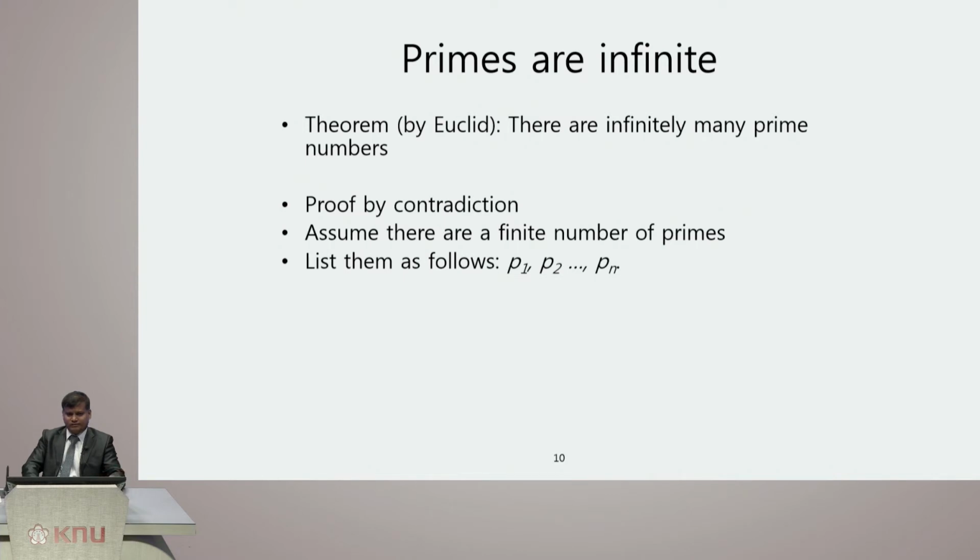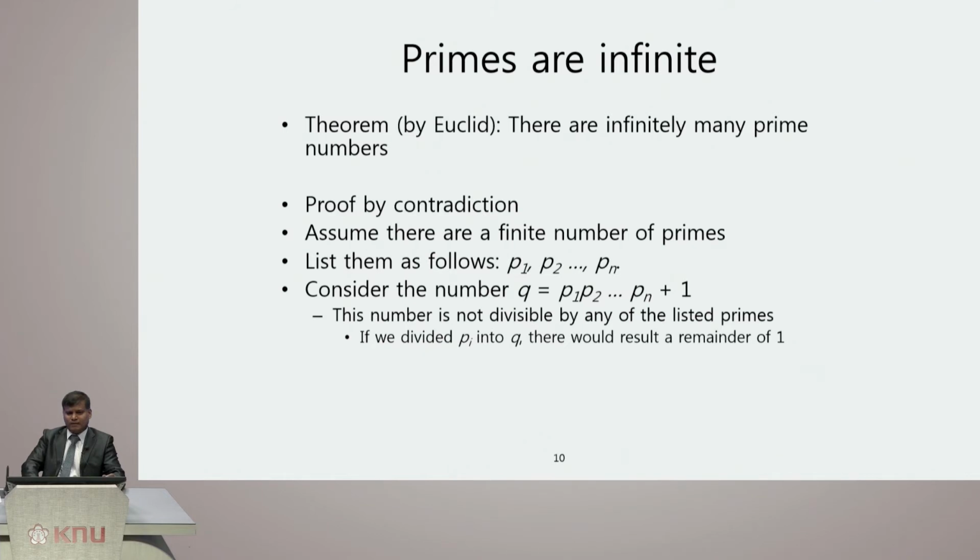Try to list the following numbers like P1, P2 till Pn, and we say that these are the list of finite prime numbers, and you are going to consider the number q, which is P1 times P2 till Pn, plus 1, and then this number is not divisible by any of the listed primes.